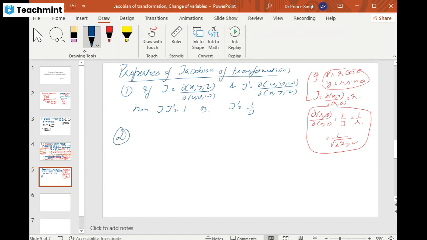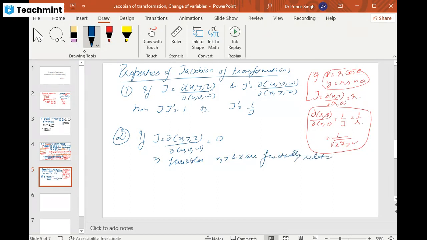Second one is, if the Jacobian of transformation, say x, y, z with respect to u, v, w, or if we are having two variables, is equal to 0, it means that the variables x, y, and z are functionally related.